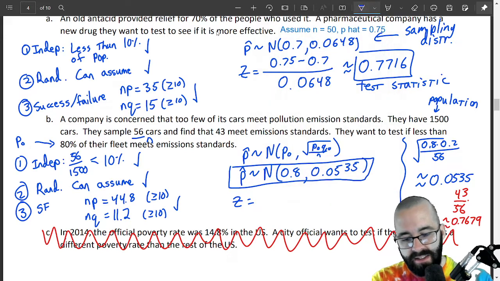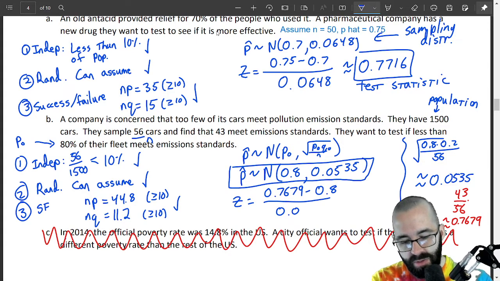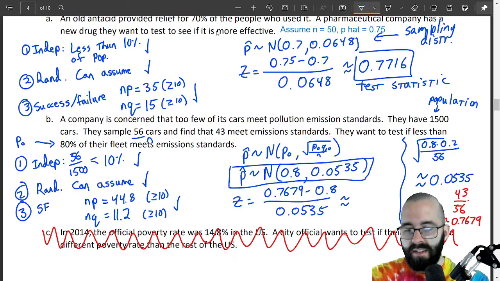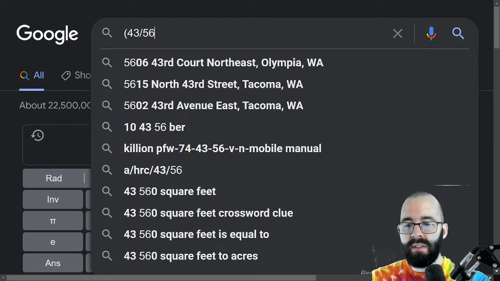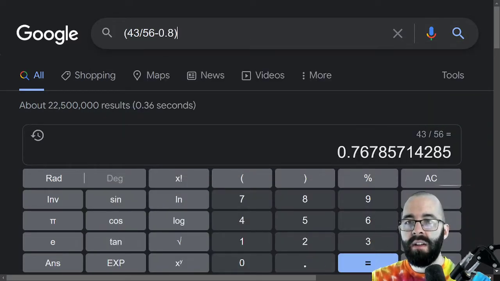So to find our test statistic, we take P hat, 0.7679, subtract the mean of our sampling distribution, which is 0.8, and divide by the standard deviation of our sampling distribution, which is 0.0535. So this minus the mean divided by the standard error.